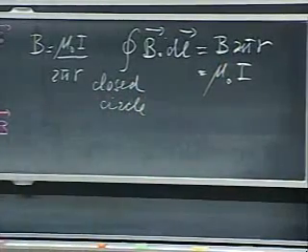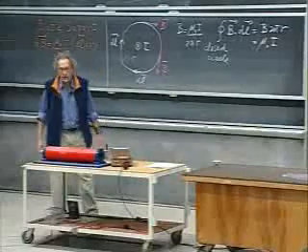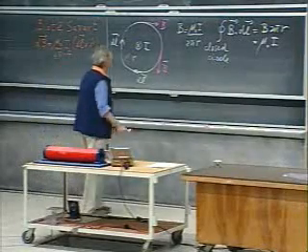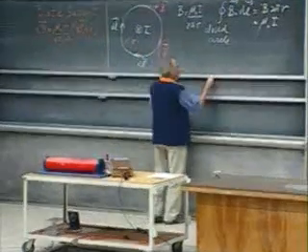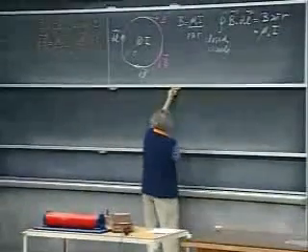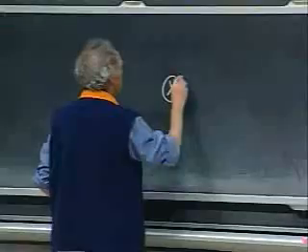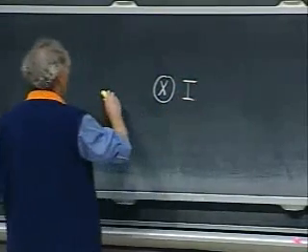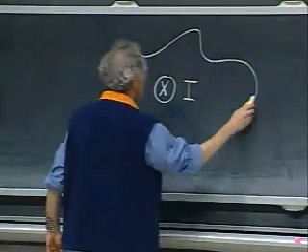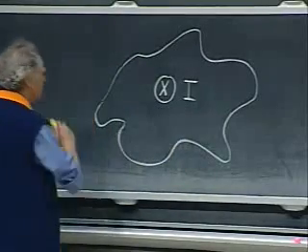And it was Ampere who first recognized that you don't have to walk around in a circle to get the answer mu0 I, but that you could walk around in any crooked path, as long as it is a closed path, something like this.